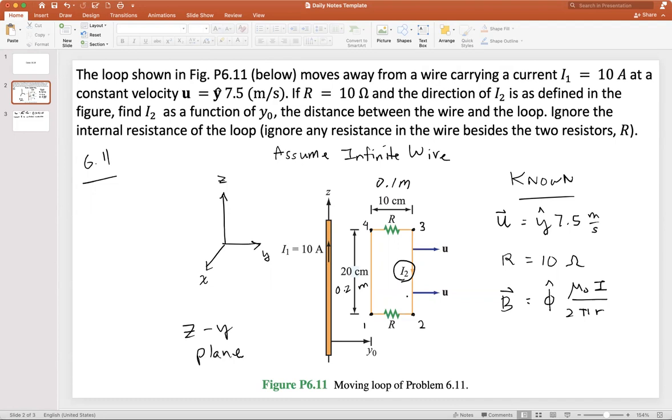So this wire with two resistors is in the ZY plane only. If we look at this wire, the field will be going into the page here, and out of the page on this side. But we can treat this as if we're only in one plane. Because of that, where the magnetic field is entering the page here, this is in the minus X direction. You can hold up your right hand and determine this using the right hand rule.